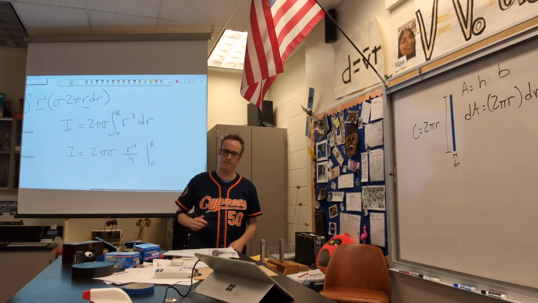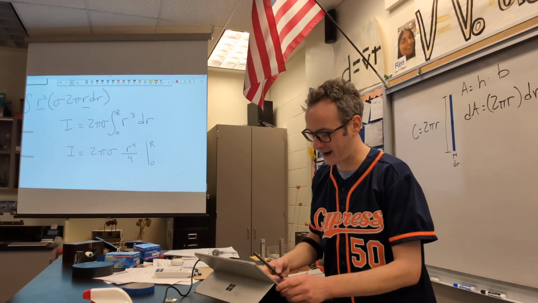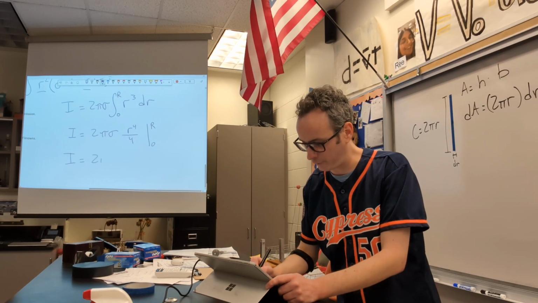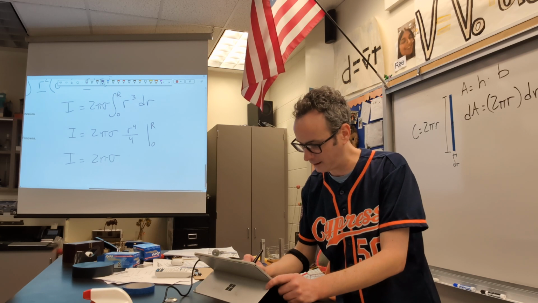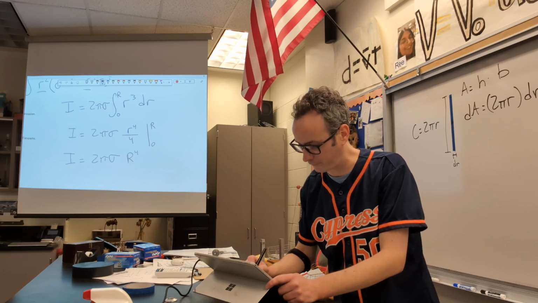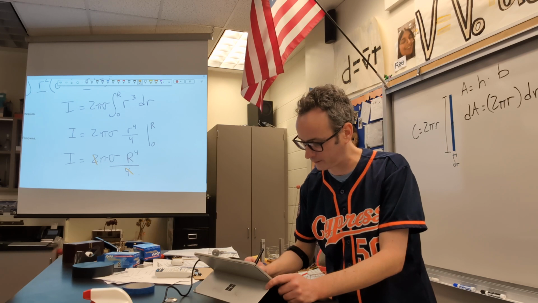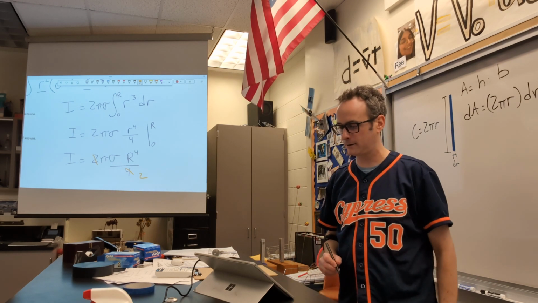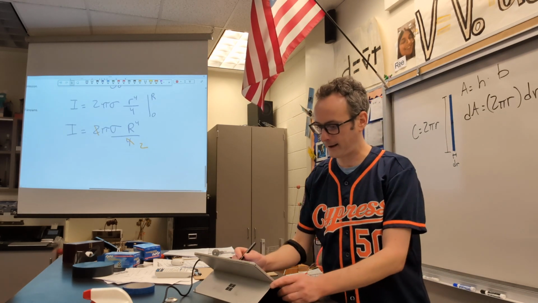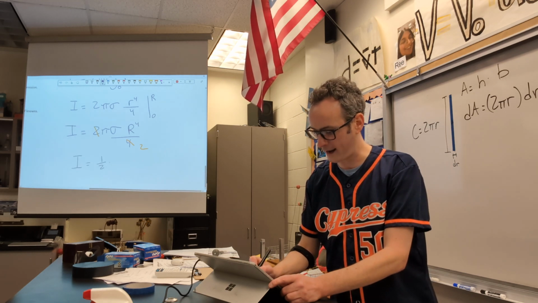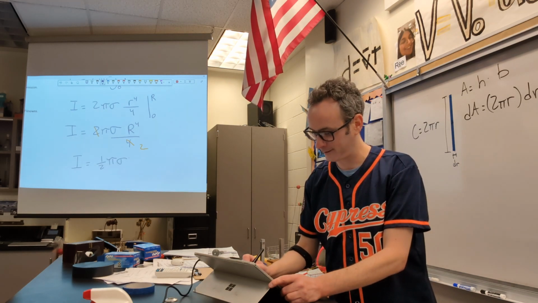So plugging in capital R, I get the moment of inertia is 2 pi times sigma times capital R to the 4th over 4. Oh, I can see this 2 cancels with this 4. I'll have 2 here, and that gets me 1/2.